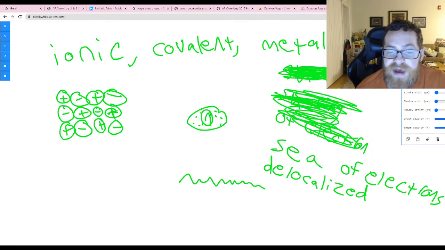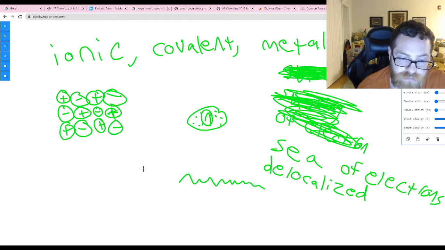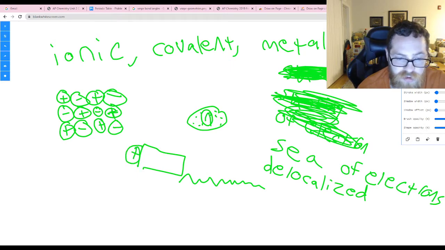In addition, you can actually make one part of a metal more positive and more negative. You can put a charge, let's say a positive charge, on one part of a metal that causes electrons to flow to that side.